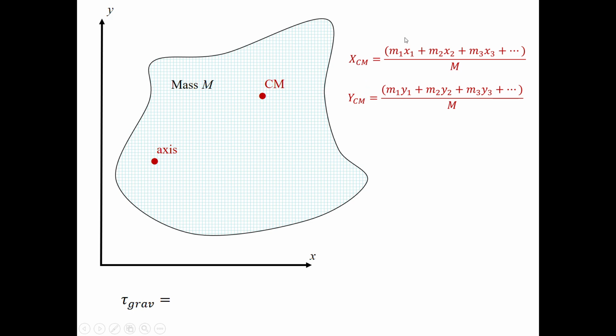To do that, we just multiply the mass of each of these little bits times its corresponding x-coordinate, or y-coordinate in the other formula, add them all up in the numerator, and then divide by the total mass, in other words, the sum of all the masses of these little bits in the denominator. What you're left over with has units of distance or position, right? So it'll have SI units of meters.